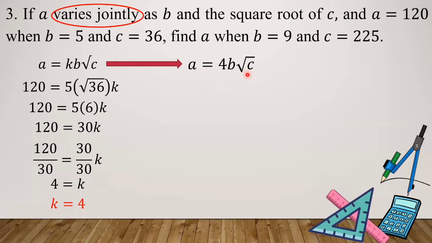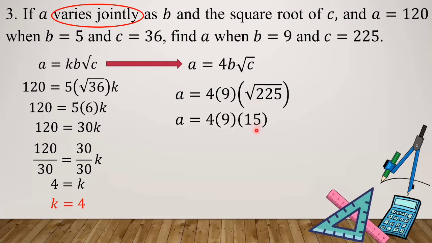Then substitute the values of b, which is 9, then the values of c, which is 225. So it will become a is equal to 4 multiplied by 9 times square root of 225. So the square root of 225 is equal to positive 15. 4 times 9 is equal to 36.